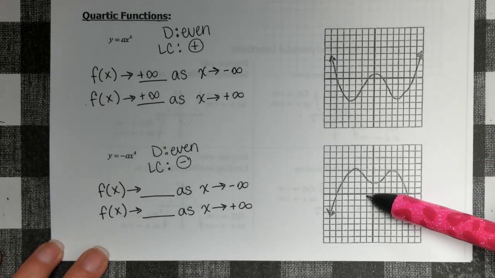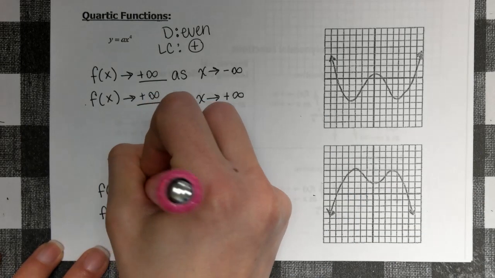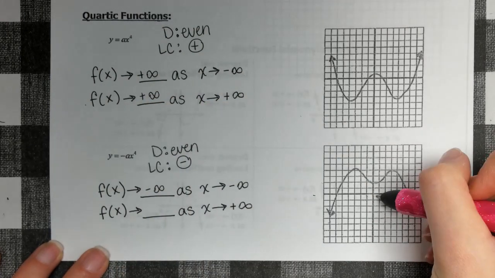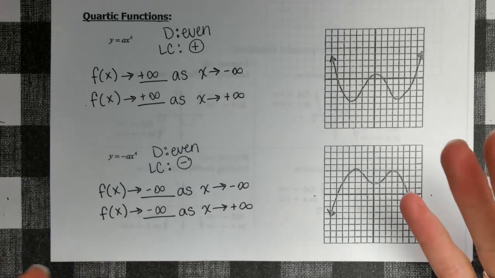So as x approaches negative infinity, where's my function going? As x approaches positive infinity, where's my function going? Negative infinity. Because my leading coefficient is negative.